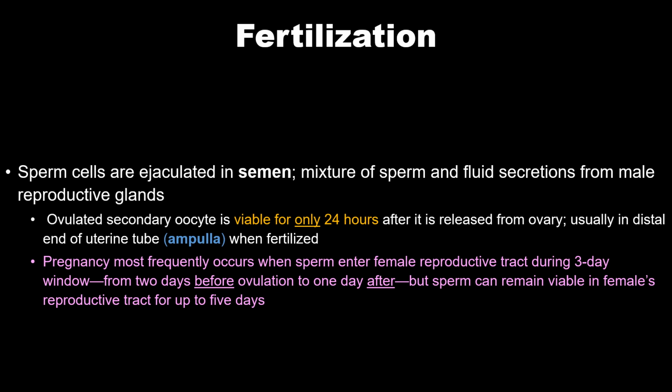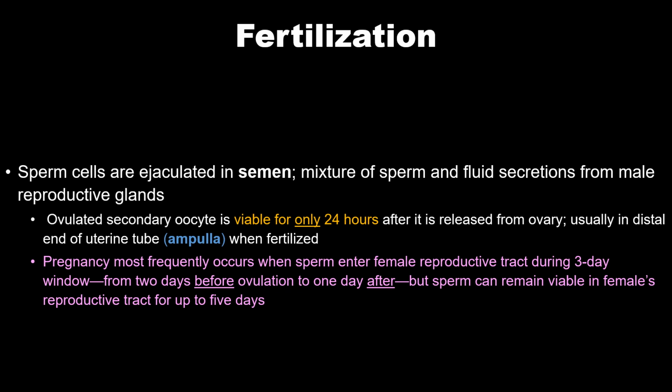And many sperm survive these obstacles only to go up the wrong uterine tube. Remember, there are 2 uterine tubes, and only one of them is going to ovulate an oocyte at a time. In fact, by the time a sperm enters the female reproductive tract, no oocyte may be available at all. An ovulated secondary oocyte is only viable for 24 hours after it's released from the ovary.